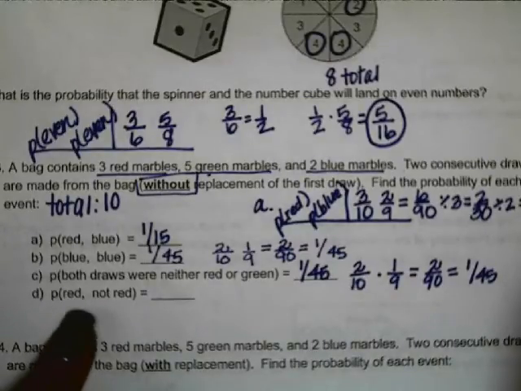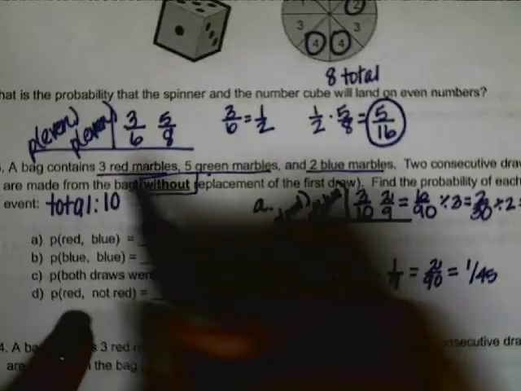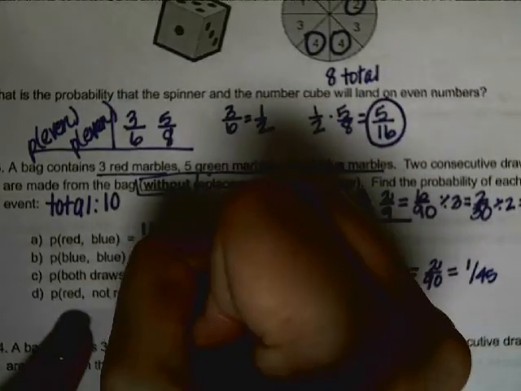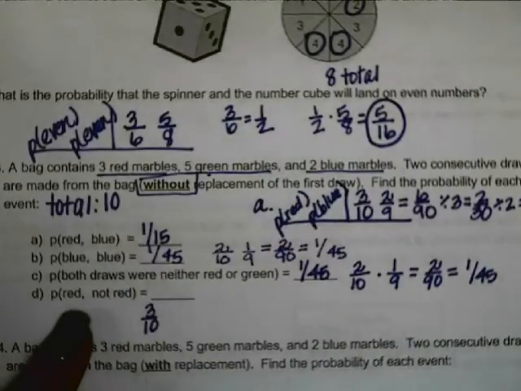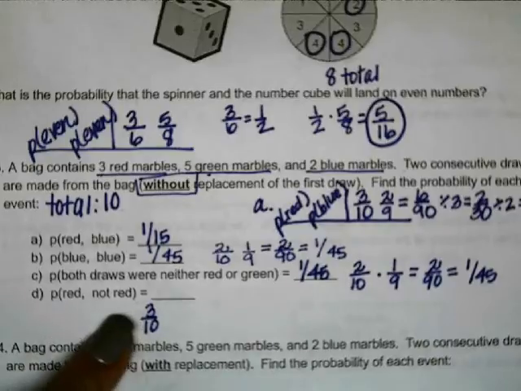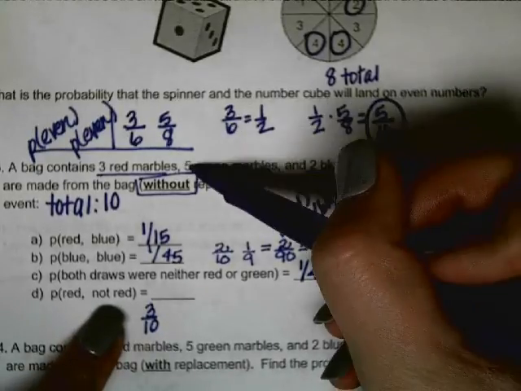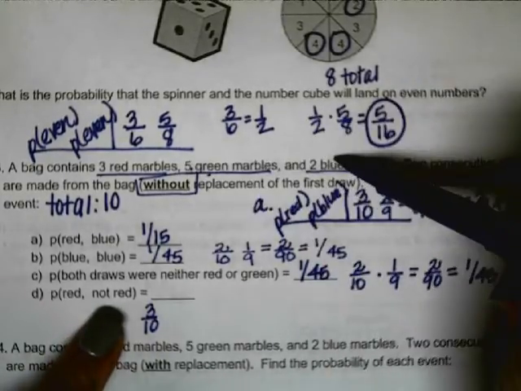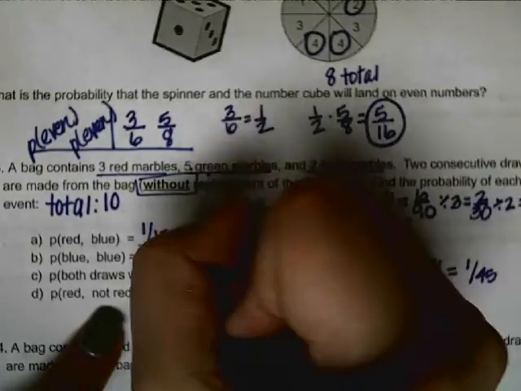Okay, so now this one. I want to know the probability of a red and then a probability of not being red. My probability of red is 3 out of 10. I take a red one away, I now have a total of 9. My probability of it not being red would be 5 greens plus 2 blues, since they're not red, which gives me 7.